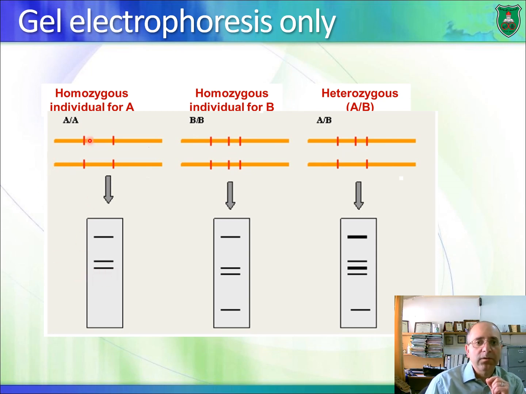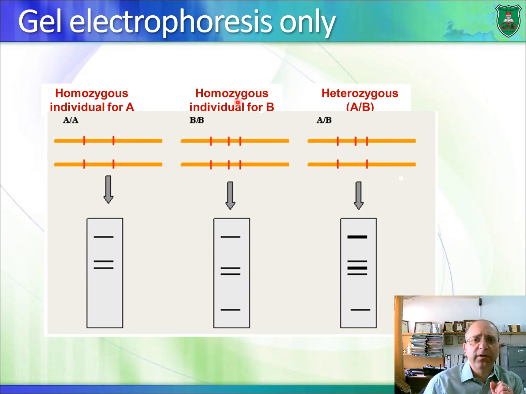Now this one right here runs right there. Great. So you have the generation of six fragments, but in the gel, they look as 3 bands. They run as 3 bands because again they have similar lengths between the 2.